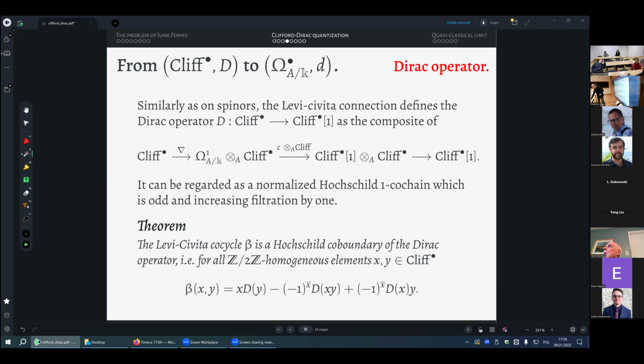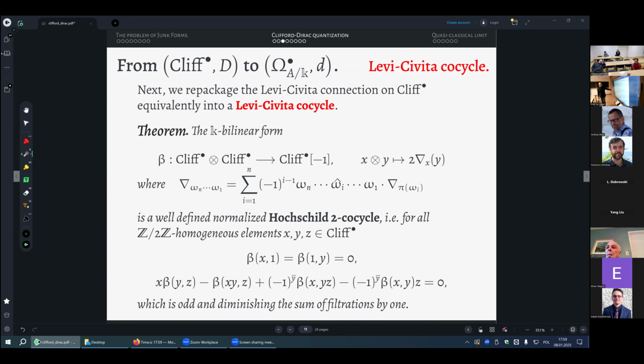Because sometimes these odd elements not only are odd, but they also increase filtration by 1. And some of them, like this operator, decrease this filtration by 1. So omission of this form and putting this omega I as an argument of this derivation of order 0 means that this symbol is an operator which is odd and decreasing.